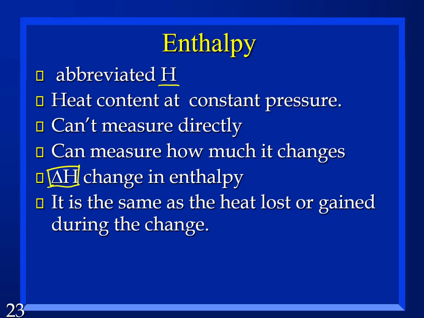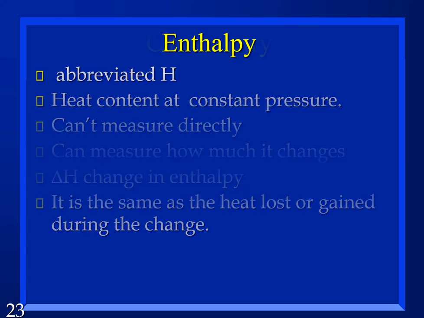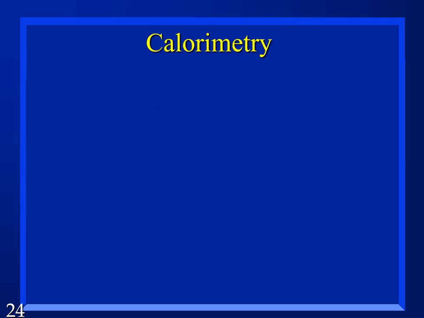So that leads us to something called calorimetry. Okay, so people taking Spanish should recognize that. People taking French should recognize that. Calor. What's calor mean in Spanish? Heat. Okay.